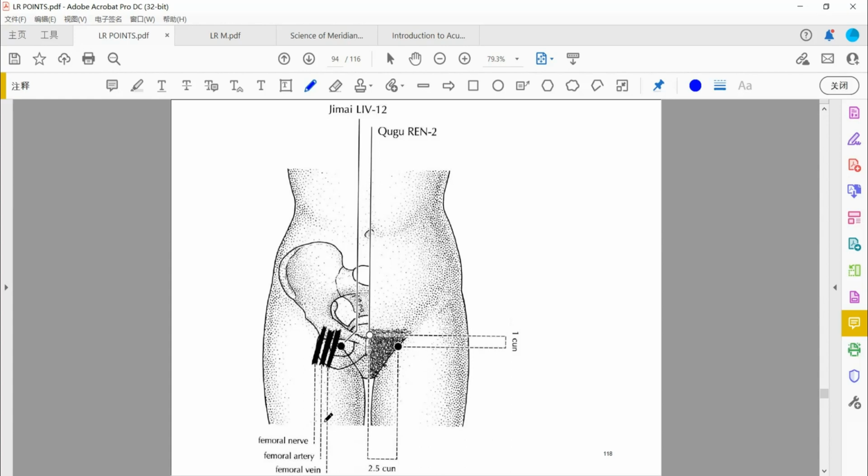You can palpate the artery, you can feel the pulsation of the artery, and the vein is about one cun medial to the artery, to the pulsation. And this point is beside the vein. So don't puncture, or if massage, that's okay. You don't need to worry about puncturing the vein or artery.